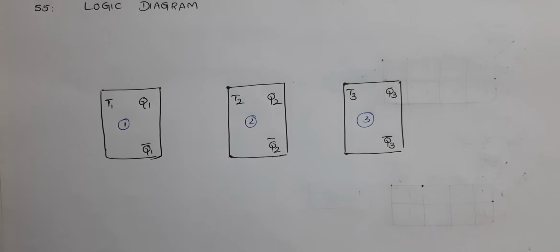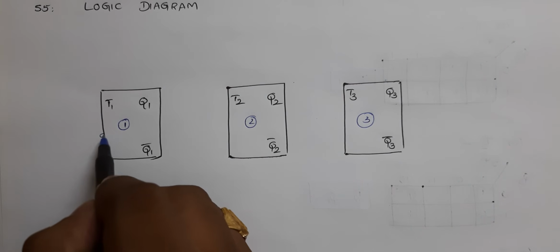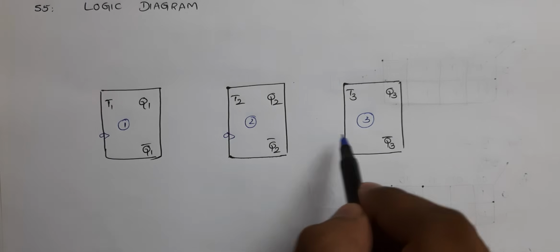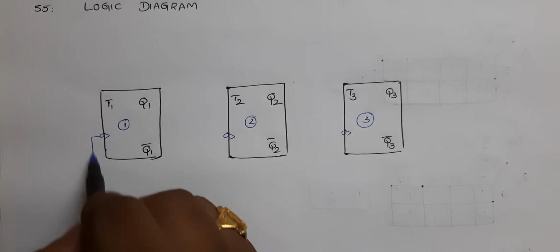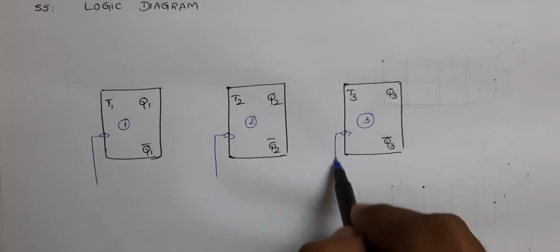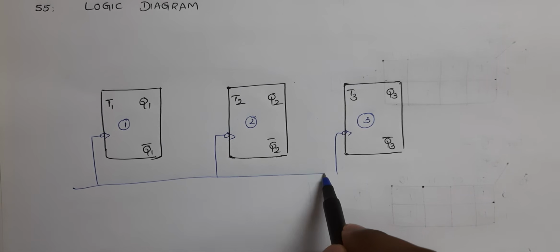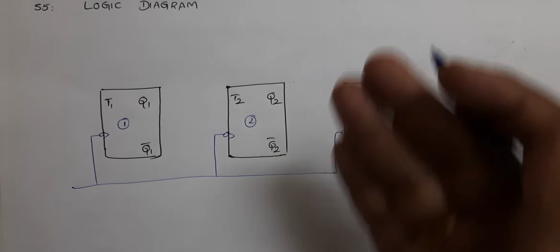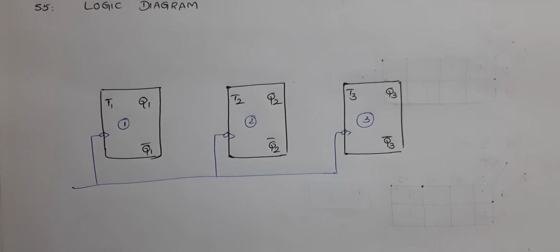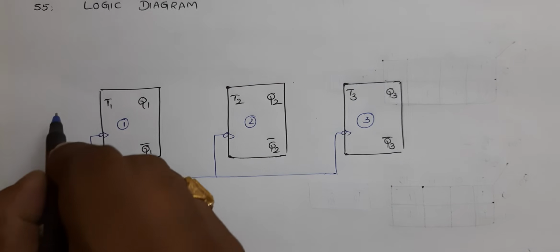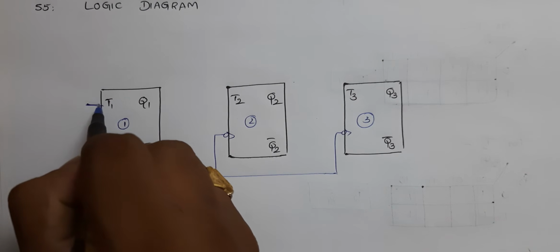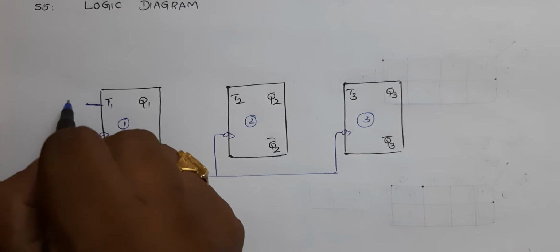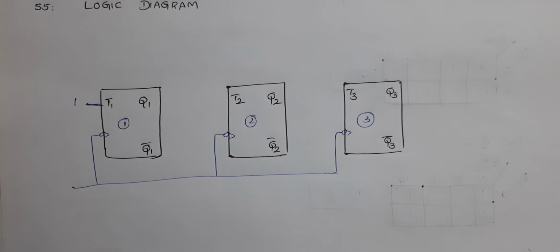All are synchronous, so we apply a common clock pulse for all flip-flops, and that is a negative edge triggering common clock pulse. From the expressions, the input for T1 is 1 only.